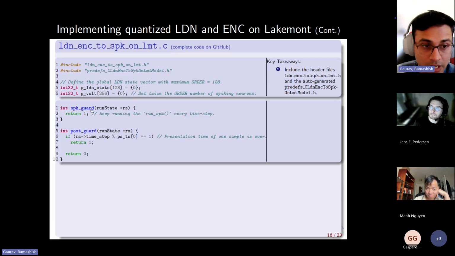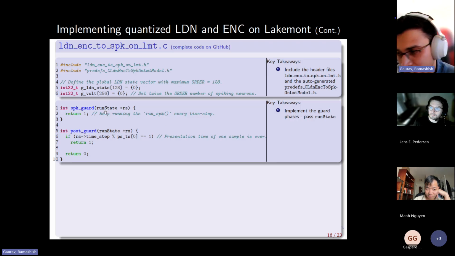So here you have got your SPK guard and post guard Loihi protocol phases. The key takeaways here are that you implement the guard phases here, and you can pass a run state pointer to it. Now, this pointer has quite a lot of information in it. One of them is the time step variable.